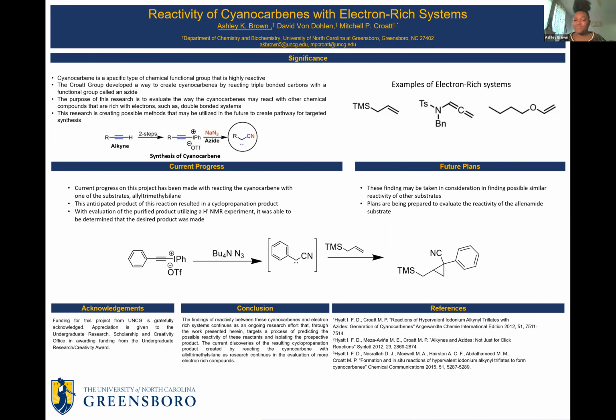I was able to confirm, with the assistance of my graduate mentor, thank you so much, that this product was in fact made by proton NMR interpretation.